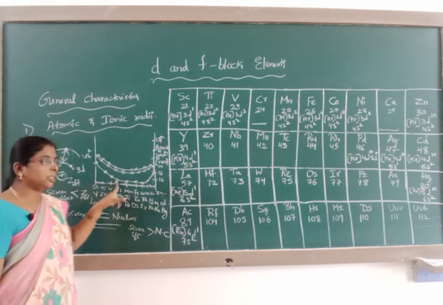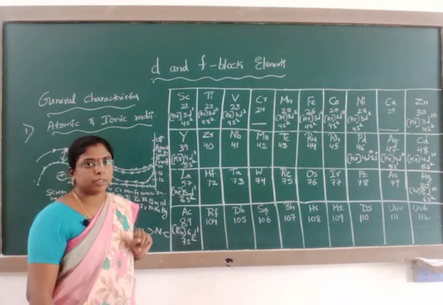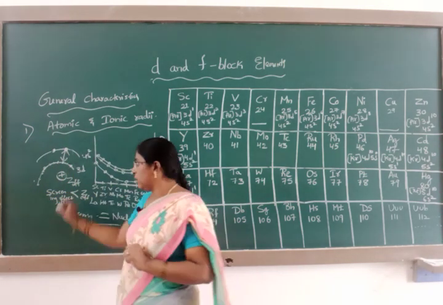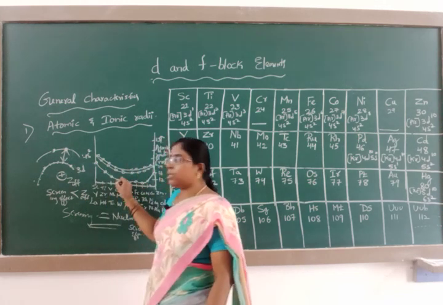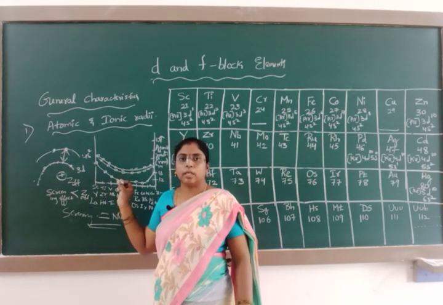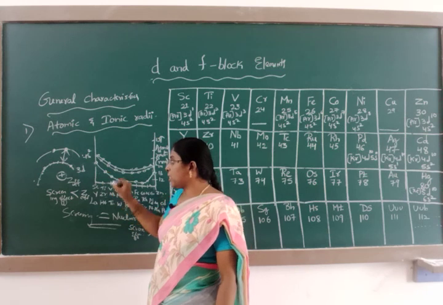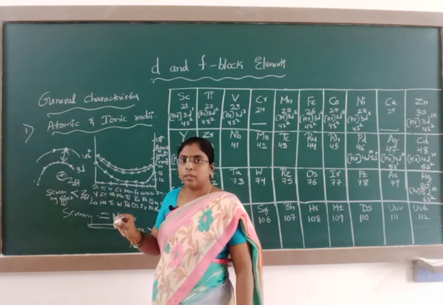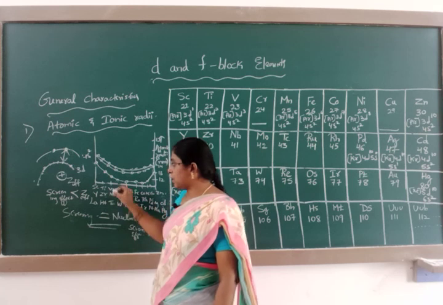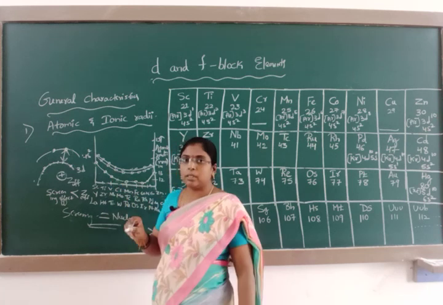Initially, there is a decrease here due to poor shielding effect. The shielding effect is lower than the effective nuclear charge, hence there is a decrease in the atomic radius.